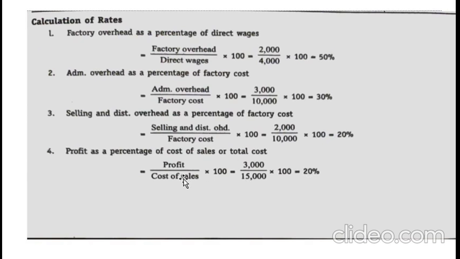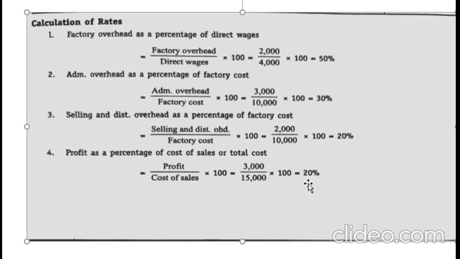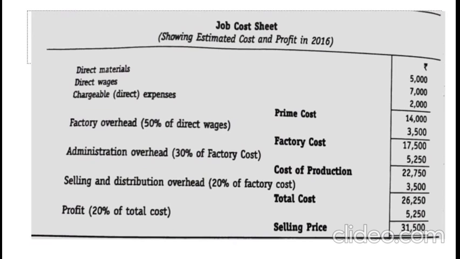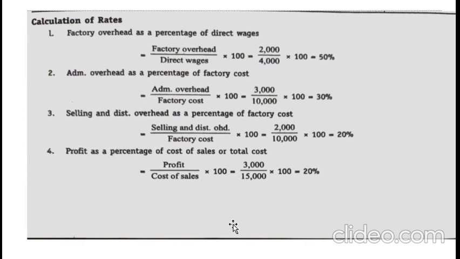If you have taken profit divided by sales, then the percentage will vary, and you will be charging that percentage on the selling price. But in the estimated cost sheet, we have only cost price. We are yet to find out your selling price. So it is better to find the percentage on cost. That is why in this formula, profit divided by cost into 100 is taken, not profit divided by sales.